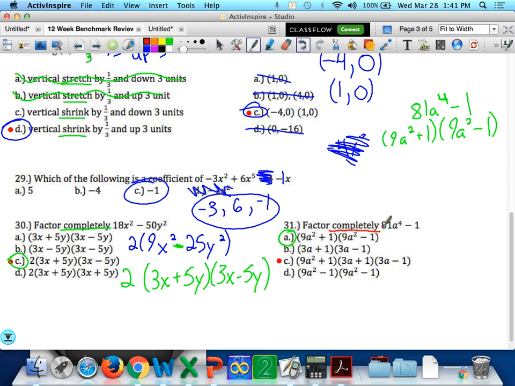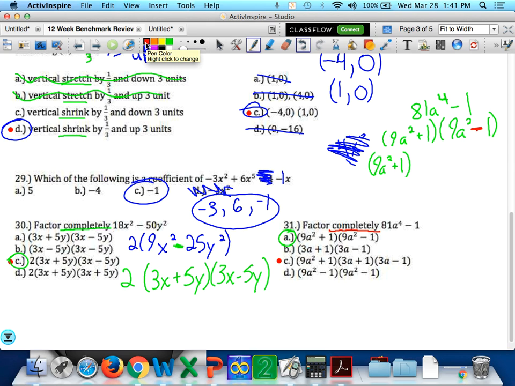Now, the first binomial, 9a squared plus 1, there's nothing I can do there because it's a plus sign. This has to be a difference. Difference meaning subtraction of perfect squares. And the right binomial is still a difference of perfect squares. My first binomial pops down, 9a squared plus 1. We couldn't do anything with it.